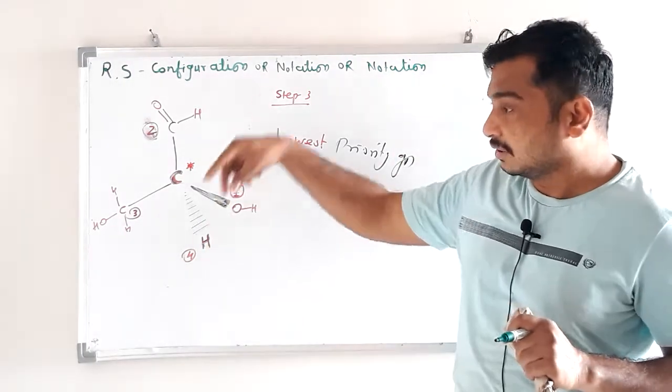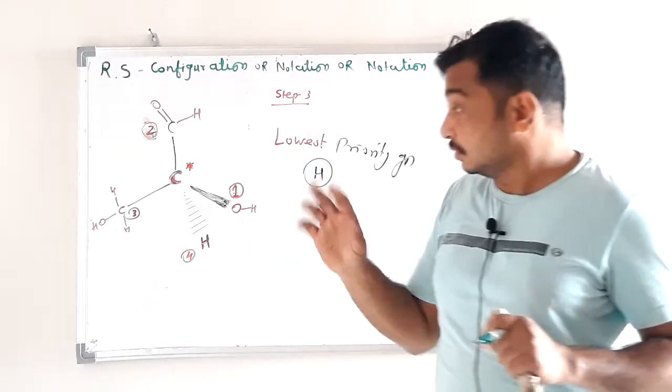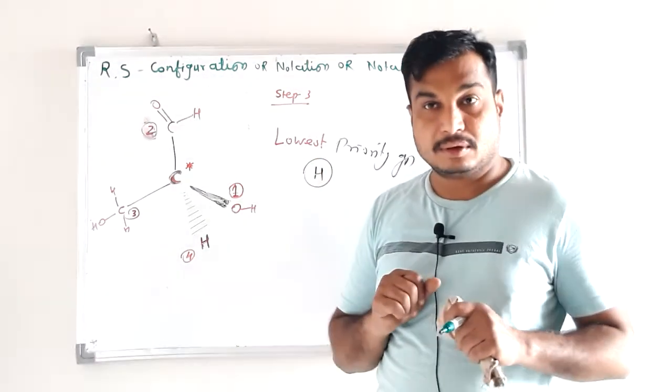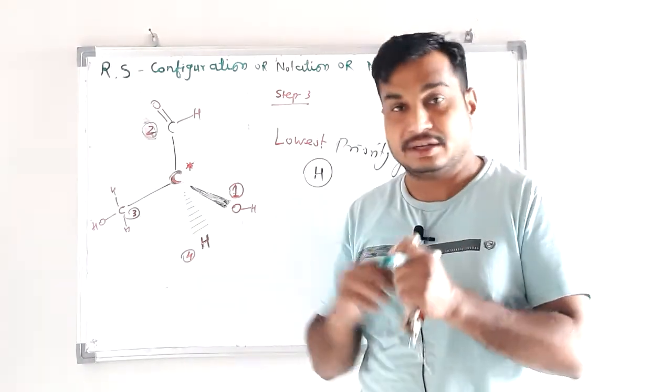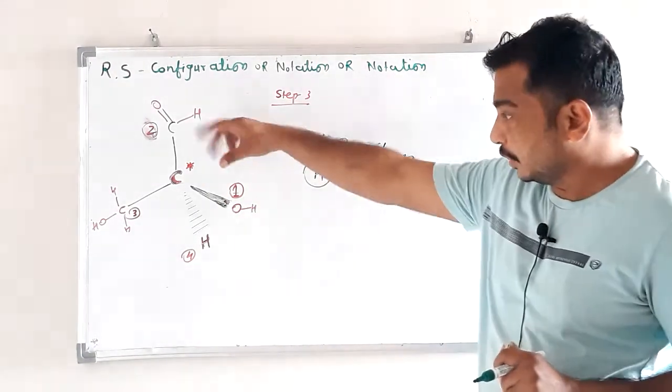Make sure of this. After taking this care, the lowest priority group is on the back side. In this example, the lowest group is on the back side, no problem, there is no need of rotation.